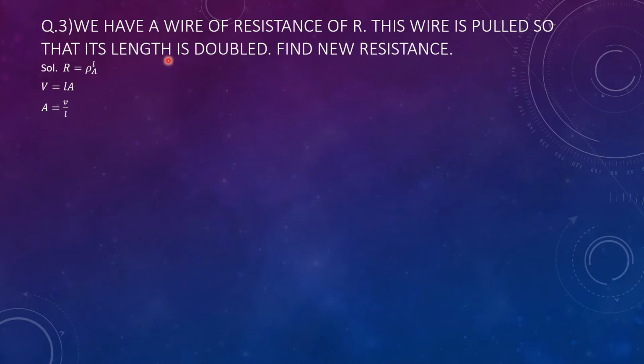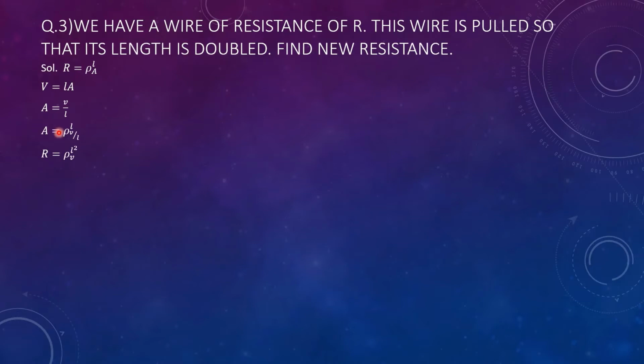We know that the wire is a cylinder and the volume of a cylinder is pi r square h. Pi r square, the area of cross section, is replaced by A, and height is replaced by L. So this type of question we can solve by this formula, V equal to A times L. From here find A equal to V upon L, and this value of A we will place here.